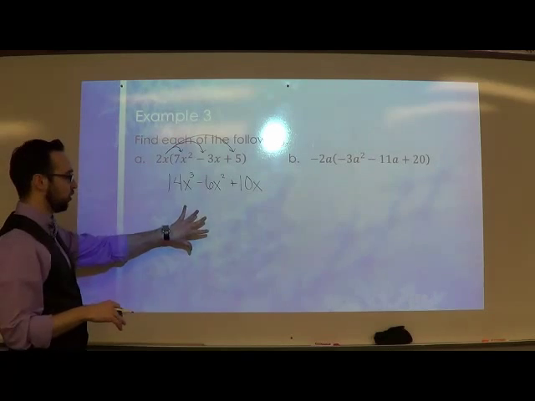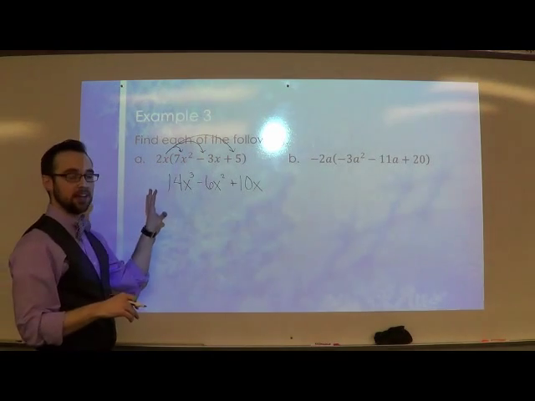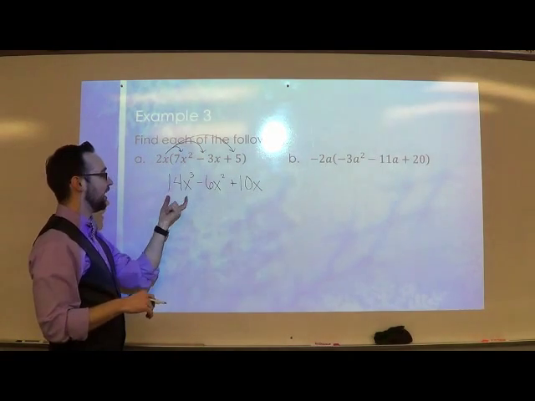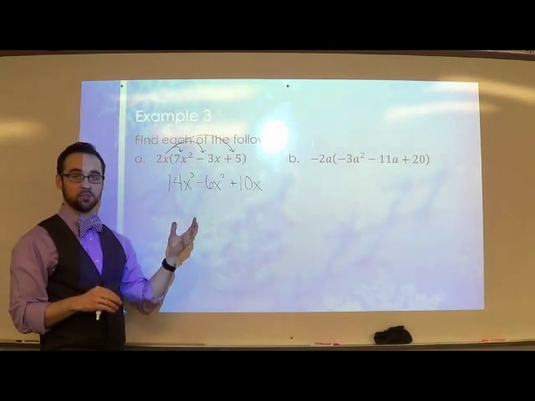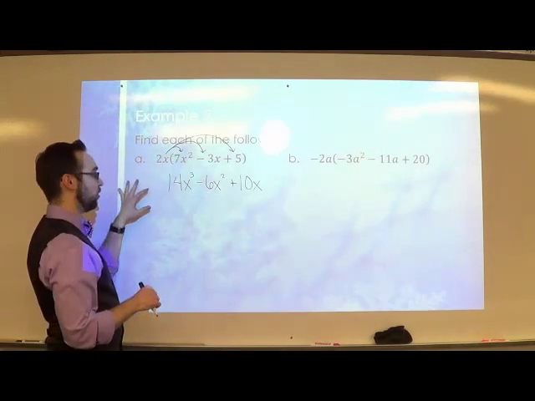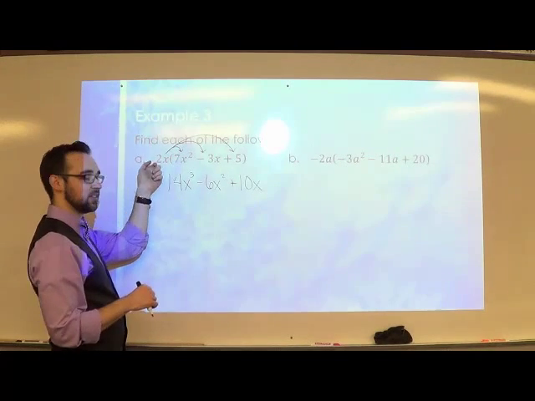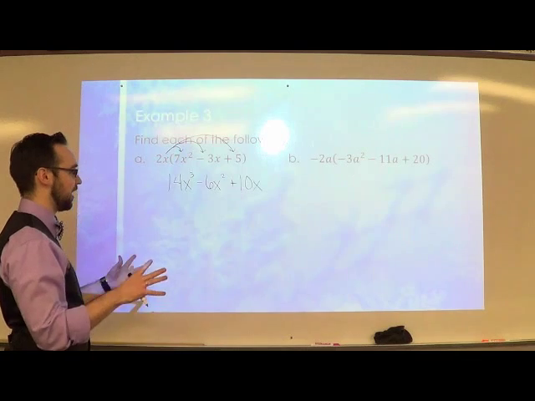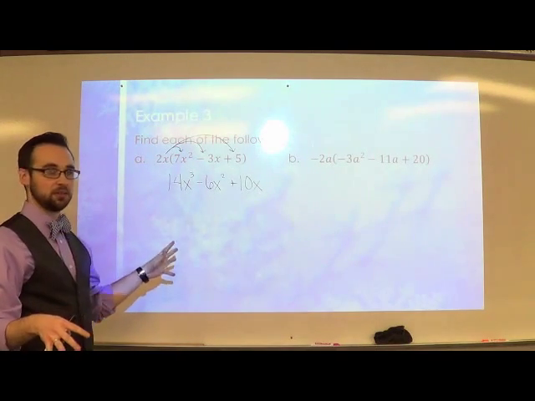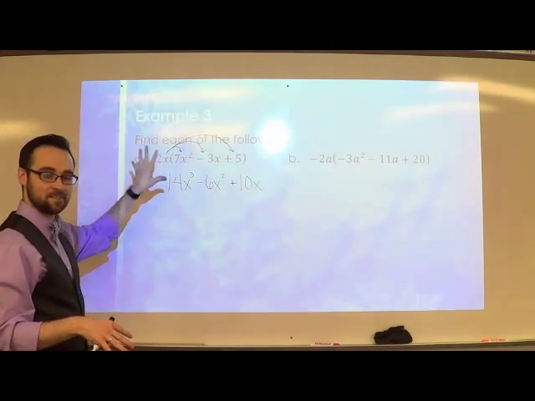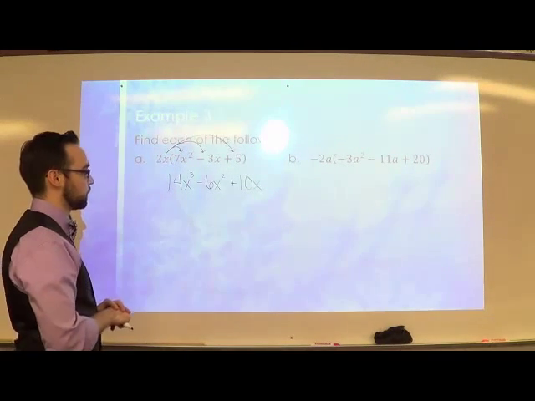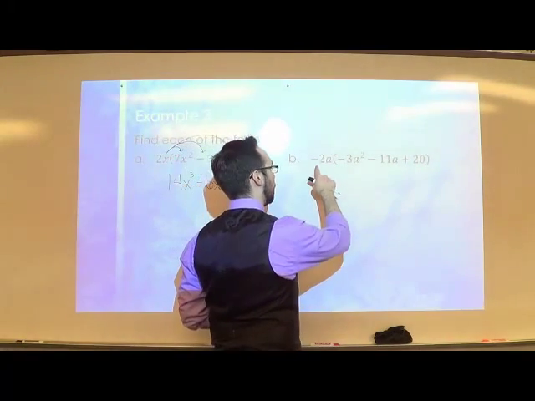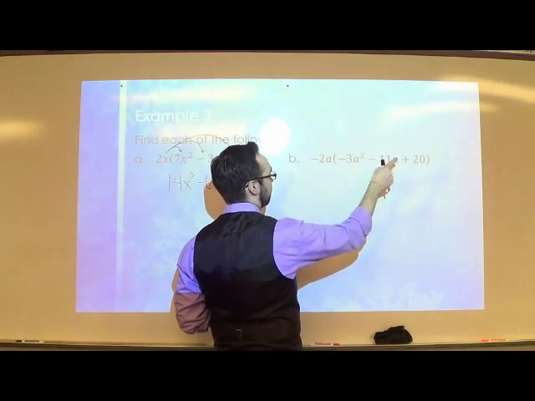Now you don't want to factor, you don't want to divide, you don't want to do anything else, you just want to leave it like this. If by chance you had any like terms, you do want to combine those, but we can't factor anything out because that's what we just did. We just unfactored, we multiplied it out. So don't factor, don't divide, don't set it equal to 0 unless it's already set equal to something. This is it. And for the next one, we have a negative here, so make sure you carry that through as well.